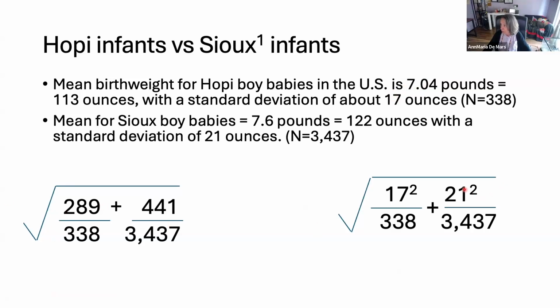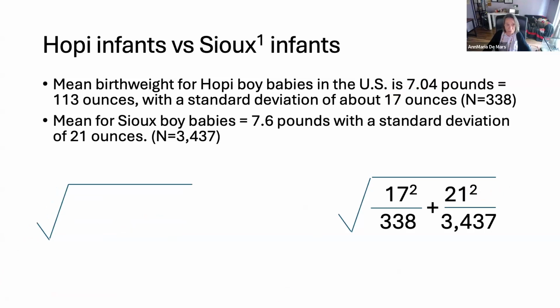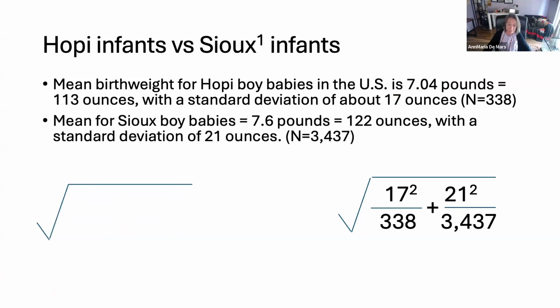We have 21 squared, which is 441, and we divide 289 by 338. We divide 441 by 3,437, and we get 0.855 plus 0.128. That gives us 0.98. We take the square root of that, and that equals 0.99. That is our standard error of the difference between means.